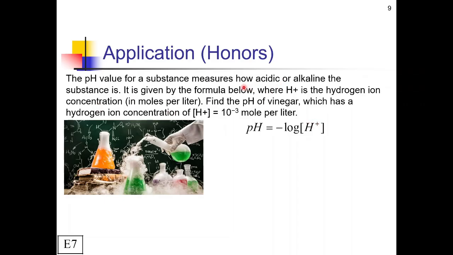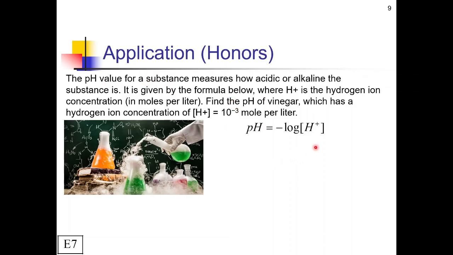And this is measured in moles per liter, that concentration. So they want us to find the pH of vinegar, which they're telling us has an ion concentration of 10 to the negative 3 moles per liter. So using this formula, see if you can figure out the pH scale rating.